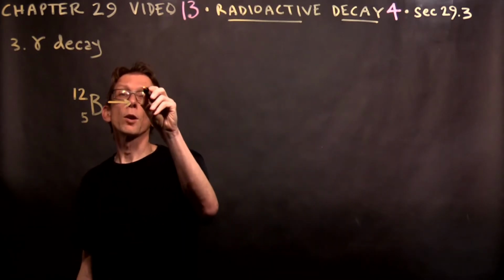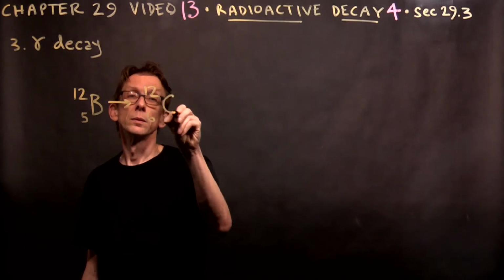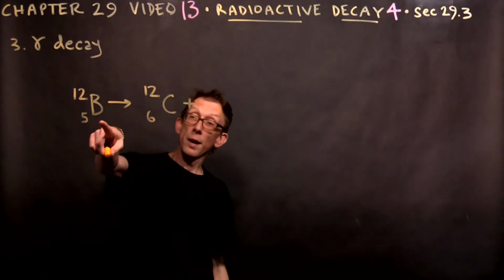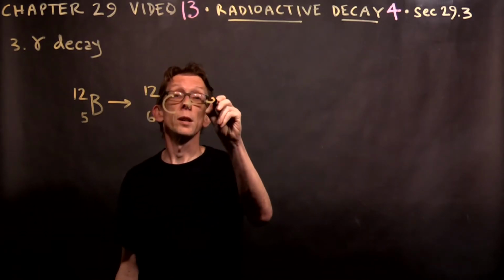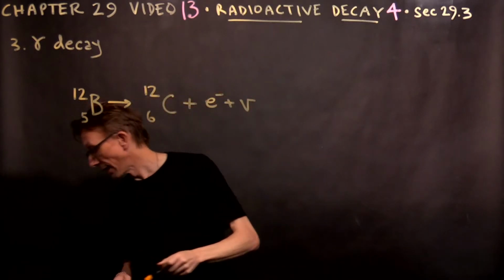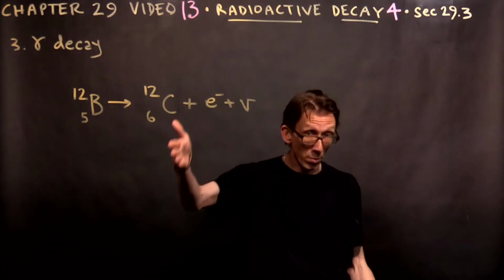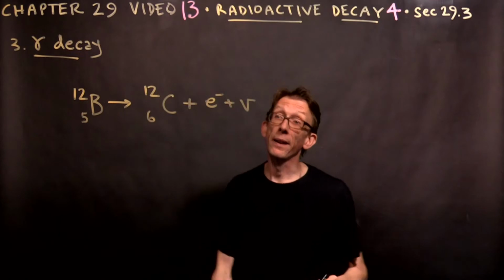It'll become carbon-12. This is going to be a neutron becoming a proton, so it's going to produce an electron and an antineutrino. This is negative beta decay. So, to introduce gamma decay, I'm taking you back to beta decay.